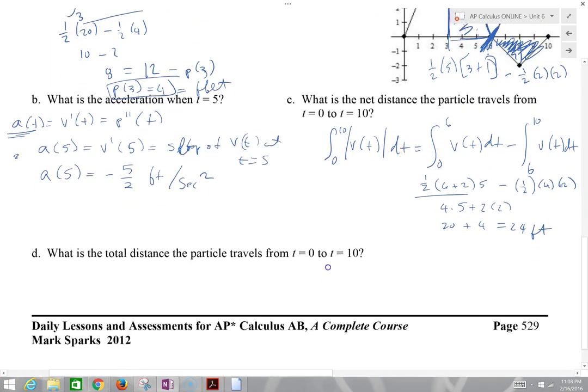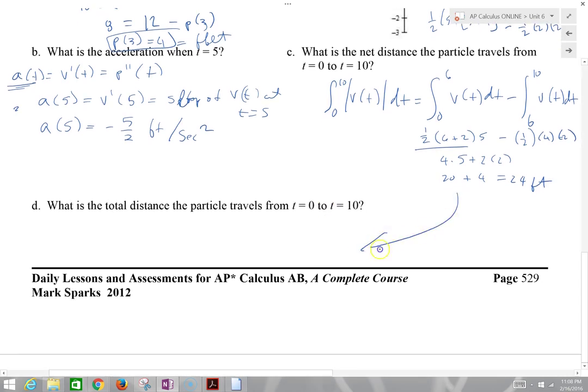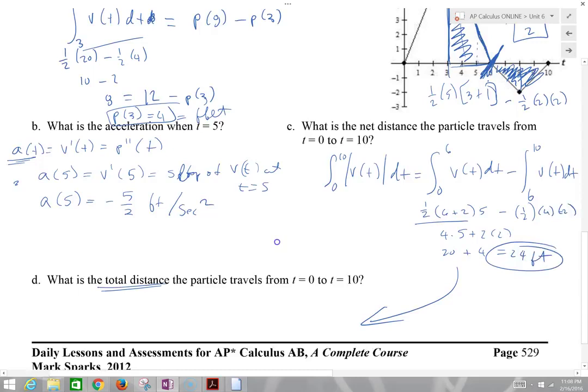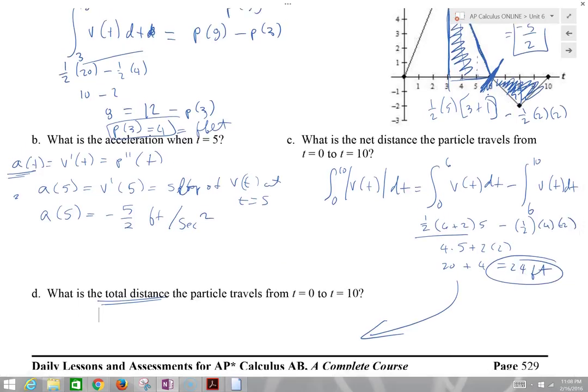You know what I just did there? I found the total distance. I got these flip-flopped. What we were supposed to be finding at C was the net distance, which is the difference between 10 and 0. So for the net distance, all of this needs to move down here. We're going to find the velocity antiderivative.